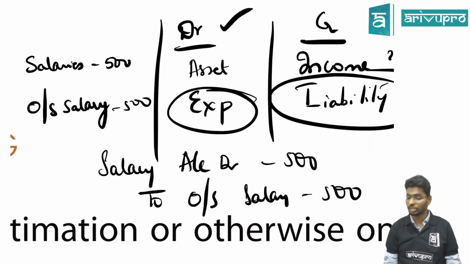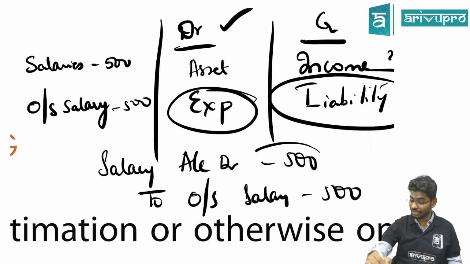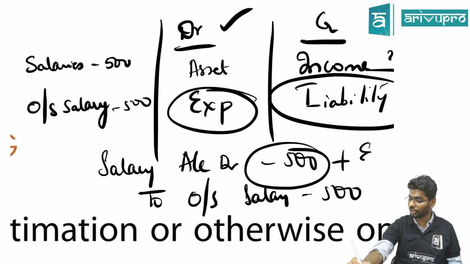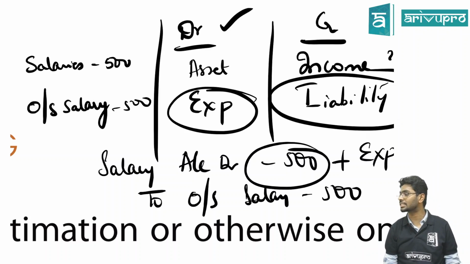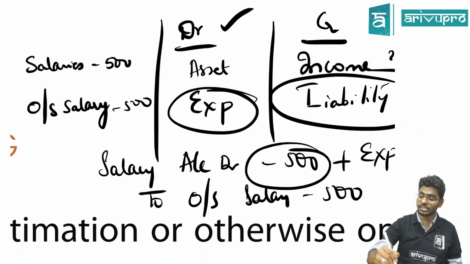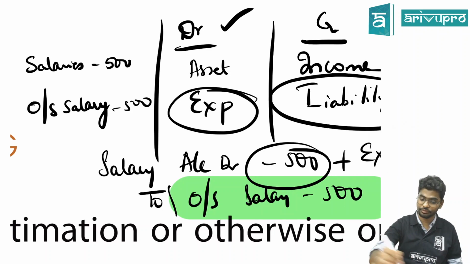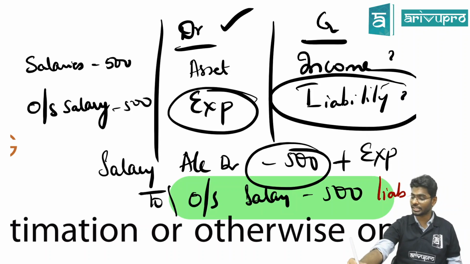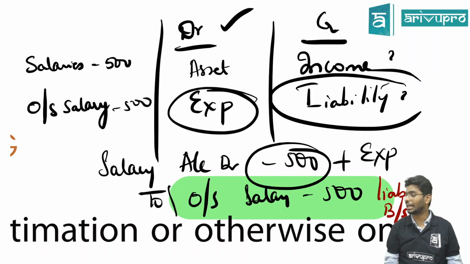Yes or no? Salary will get added to the expense of your original salary. What does salary do? It will get added to the original salary. Outstanding salary will appear on the liability side of the balance sheet.